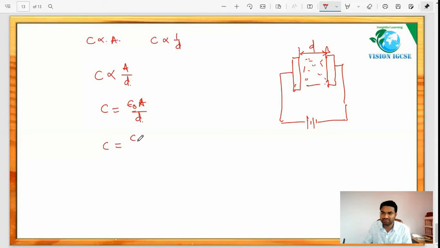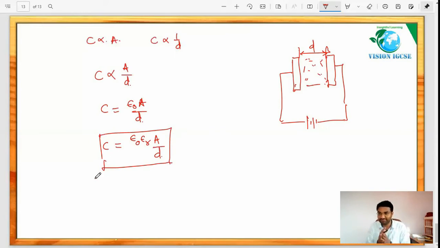So here, permittivity and relative permittivity epsilon r times A over d. This is the capacitance of a parallel plate capacitor. In some examples this formula is used. That is why I am discussing it, and I hope it will help you. These are the parts in your capacitance chapter.